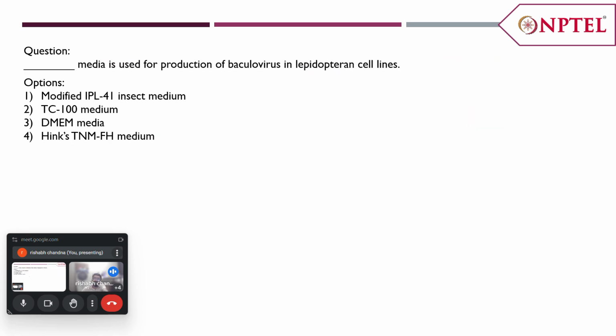Dash media is used for production of baculovirus in lepidopteran cell lines. So what happens is, when we are adding serum, that doesn't mean only the growth factors are added. Okay, so if we have to inactivate some components of the serum that are not needed for the cells to grow, then only we use the heat inactivation.